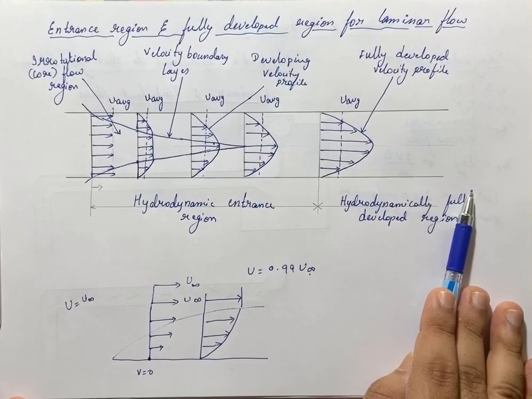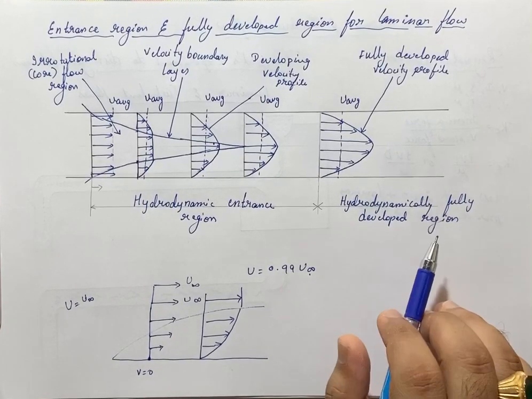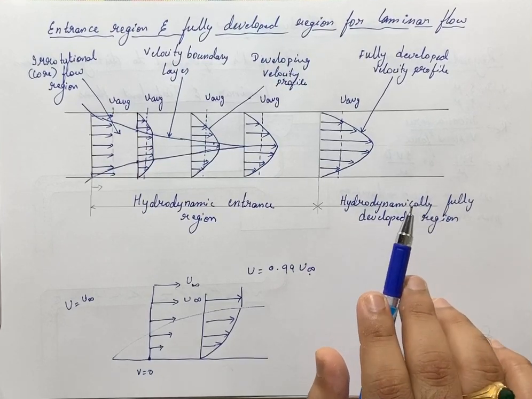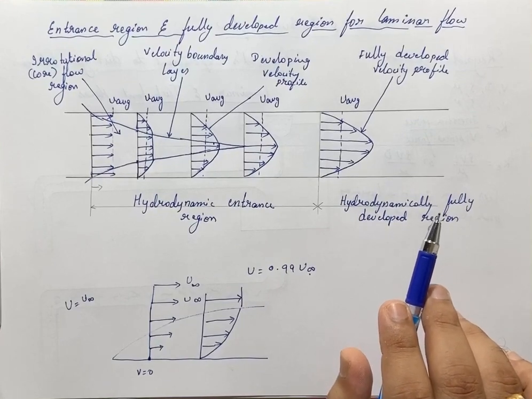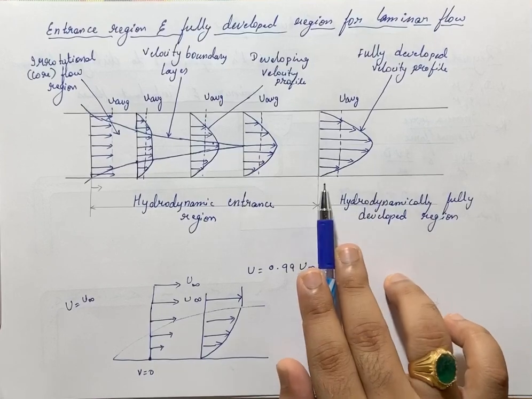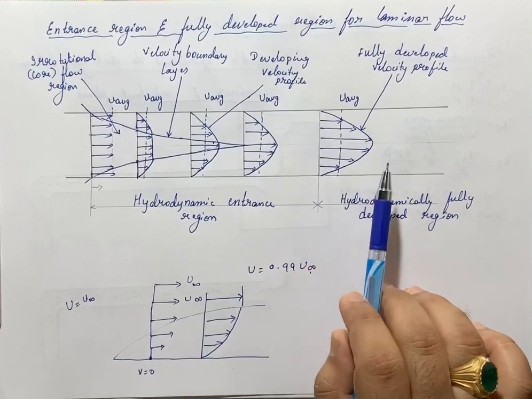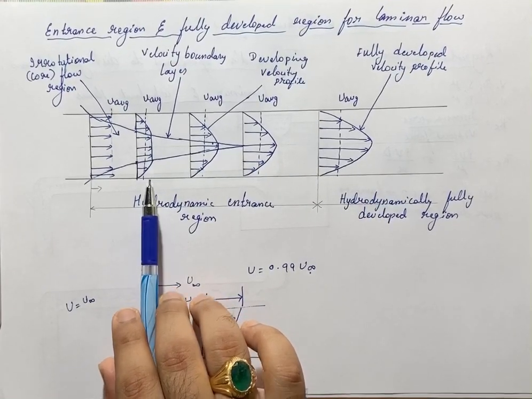This flow is said to be fully developed when the velocity profile remains constant, right? When it remains constant, we call this the fully developed region, or hydrodynamically fully developed region. The wall shear stress is highest at the pipe inlet where the thickness of the boundary layer is small.